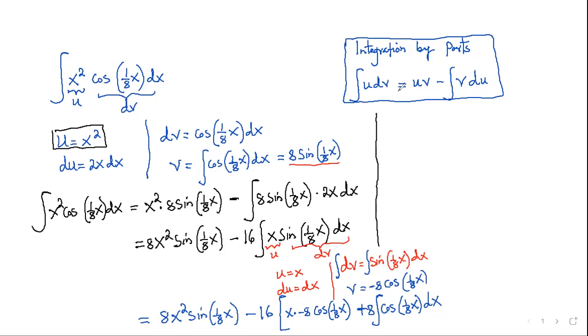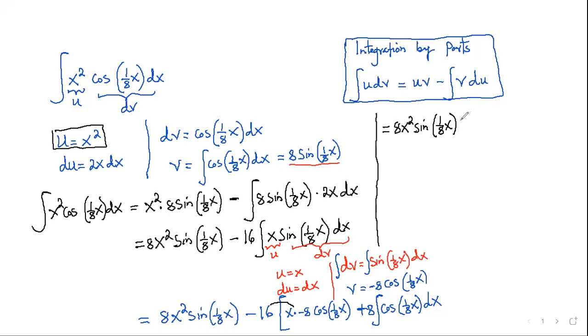Okay, so the integral now is equal to 8x squared sine 1/8 x. Now, you distribute the -16 to this. So you multiply -16 by -8. 16 times 8, you end up with 128.